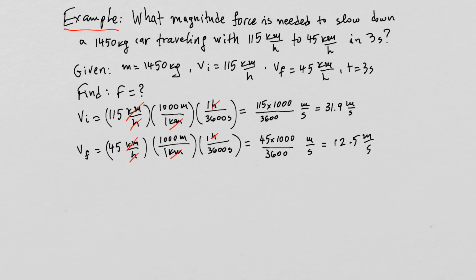Similarly, 45 kilometers per hour comes out to be 12.5 meters per second. So now that the conversion is done, I can calculate the force that is needed to slow down the car.